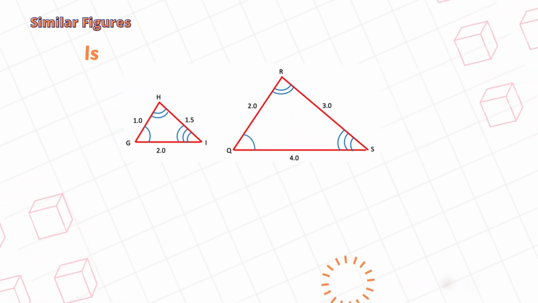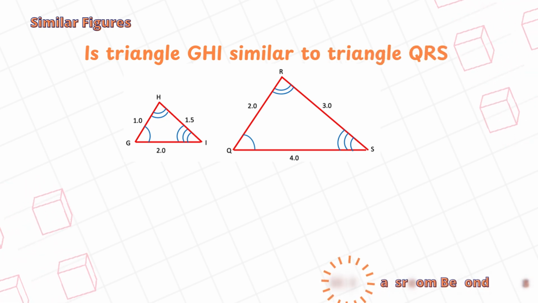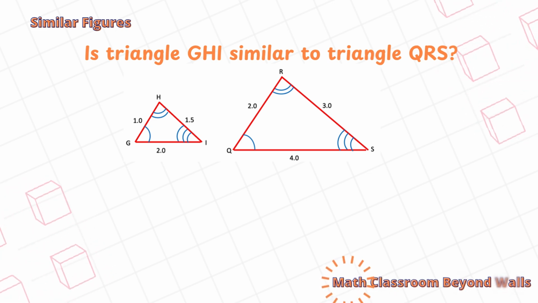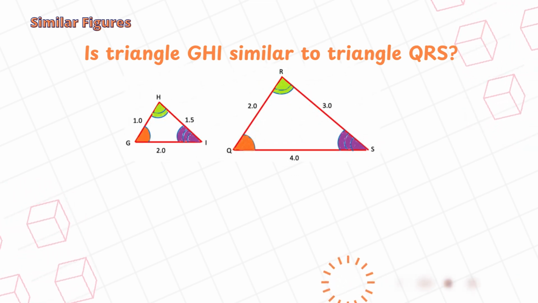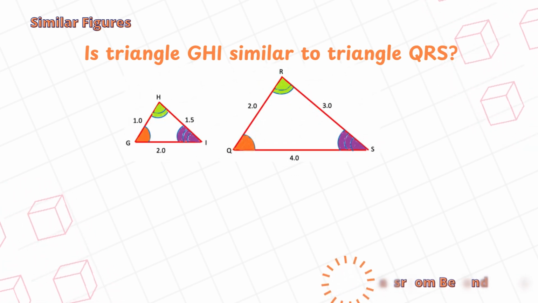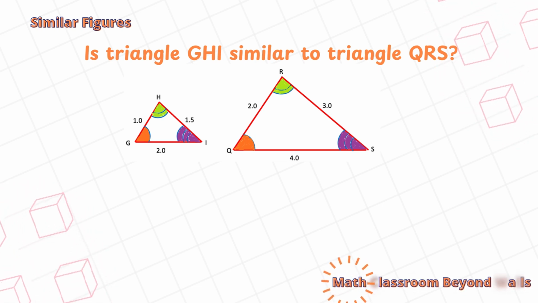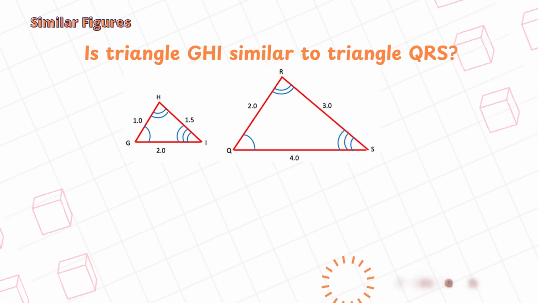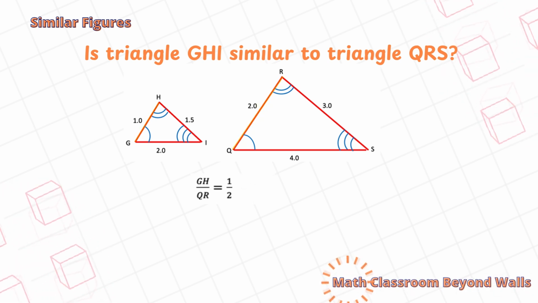Now, is triangle GHI similar to triangle QRS? We will investigate. By inspection, we see that each pair of corresponding angles is congruent, as shown by the number of arcs. For the sides, we have to check the ratios of the corresponding sides. Here they are. GH over QR equals 1/2.